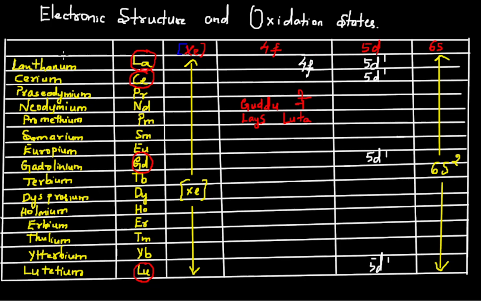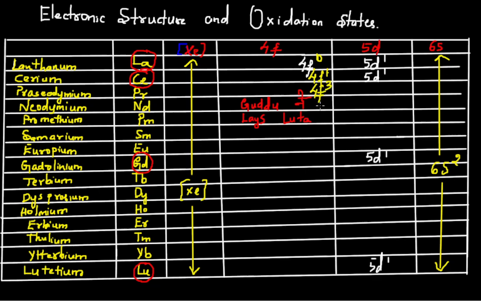Okay, so you start filling with 4f. You start with 4f0, next should be 4f1 electron. Then 1 is there, 2 is there, 3; it is not 4f2, it is 4f3 for praseodymium.